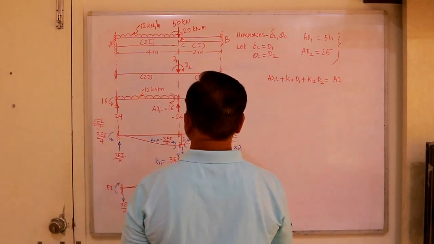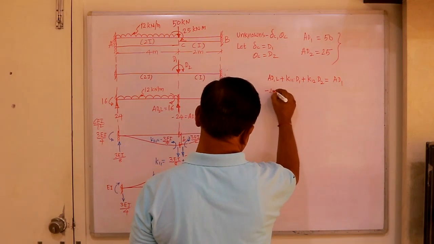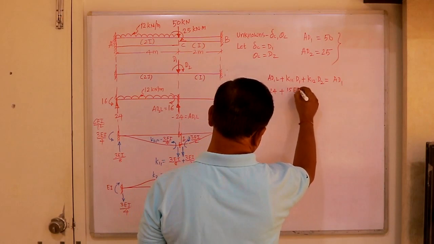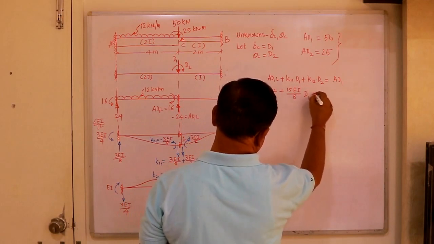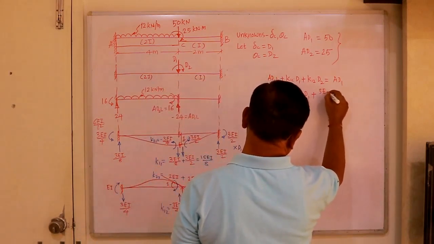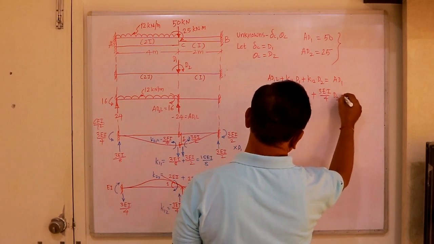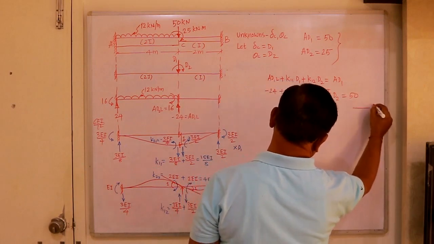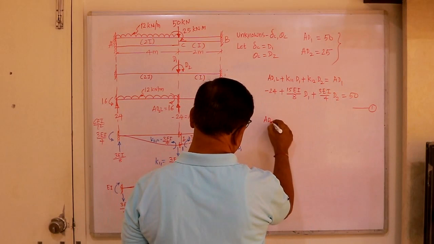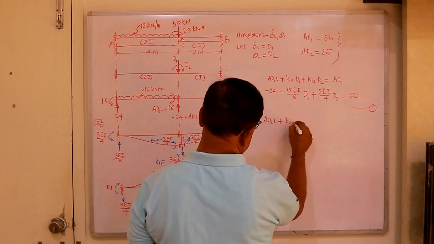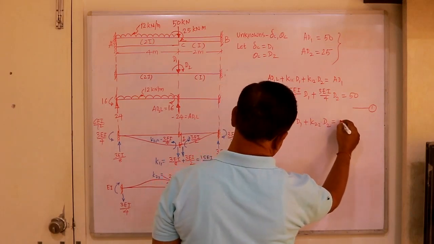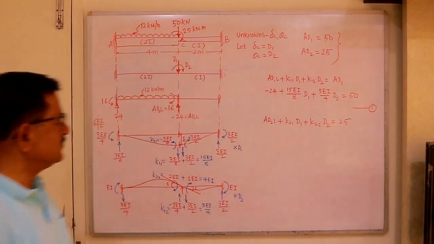So A D1L is minus 24 plus K11 is 15EI upon 8 D1 plus K12 is 3EI upon 4 D2 equal to 50. So you develop the first equation, and the second is A D2L plus K21 D1 plus K22 D2 is equal to 25.